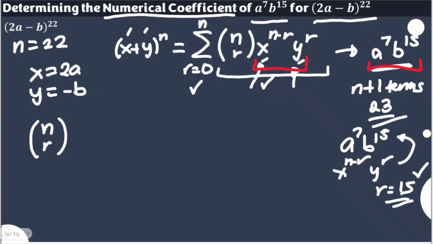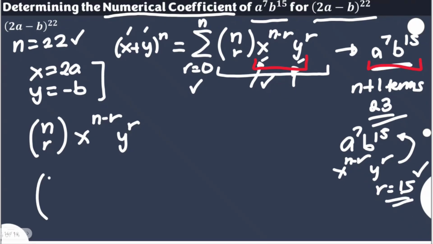We already have our r, and our n is already identified. As mentioned, we will not be using x nor y, but we will be using these representations for our given equation.